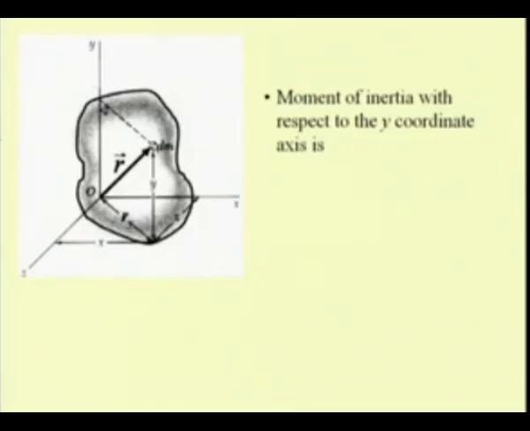So, let a mass of value dm, or a particle whose mass is dm, be situated at a distance of r from the point O, which is the origin of our coordinate system. This vector r gives the position of this particle with respect to these axes.